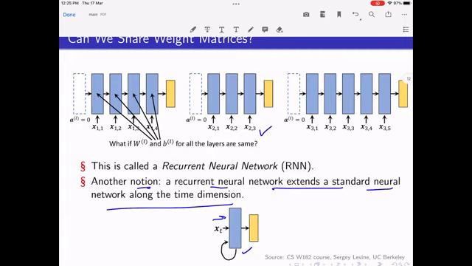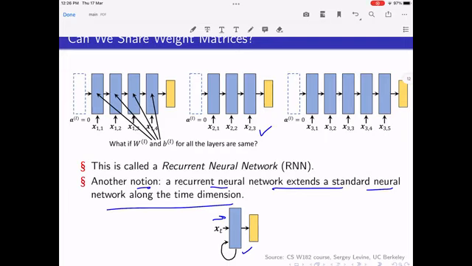The input to every layer is two things. One is the external input, that is the element of the sequence. The other is the hidden activation from the previous layer, like in normal neural networks. This is the difference with normal neural networks.